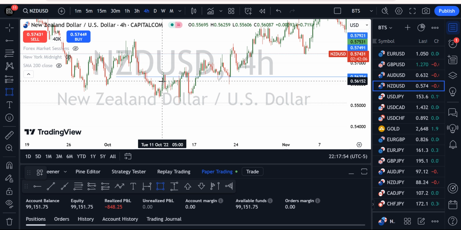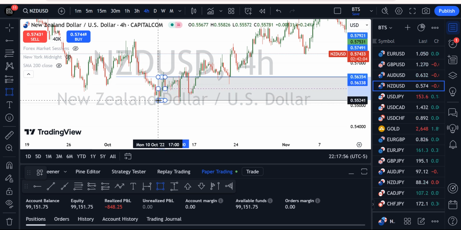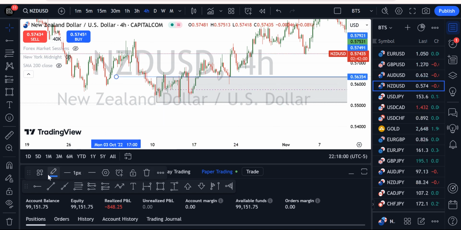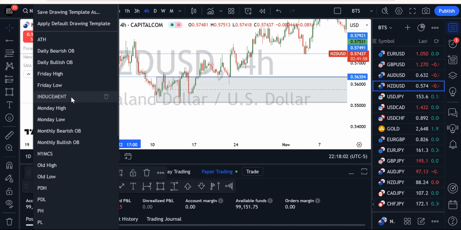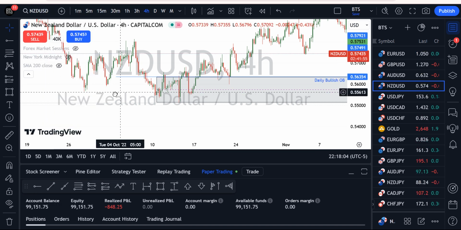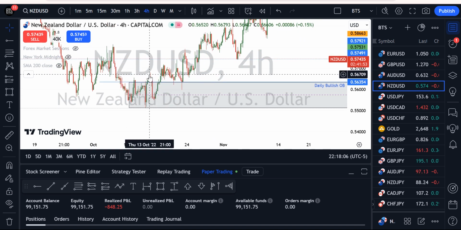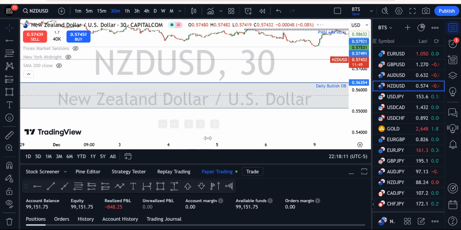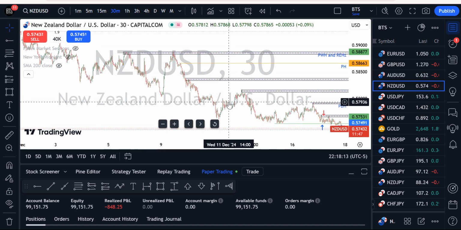So I will mark this, the high to the low, as my area of demand. Then I can also mark this as the daily bullish order block zone. So right there.